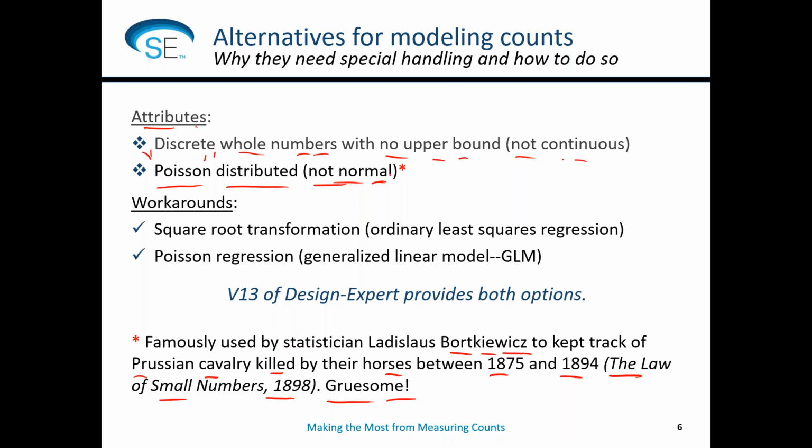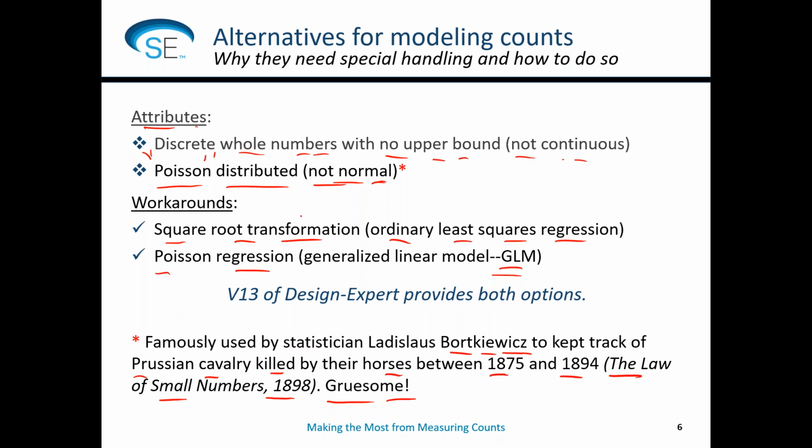Now, as far as dealing with this non-normality, the standard workaround is to take the square root transformation, and then you can just use ordinary least squares regression. And as I've had a chance to work with the new Poisson regression tool, which is a generalized linear model or GLM application, I'm actually finding that the square root transformation holds up pretty well.